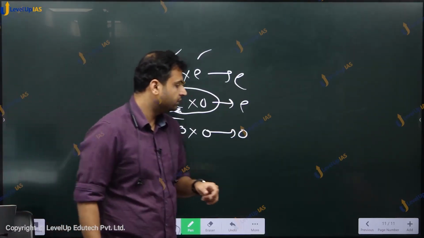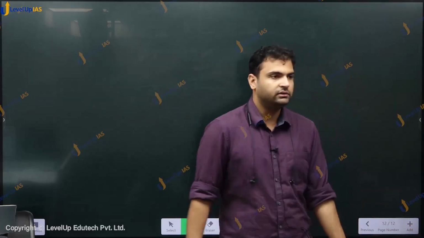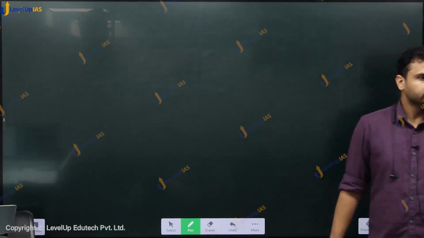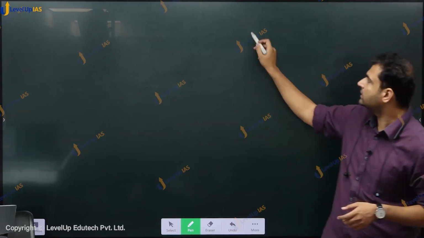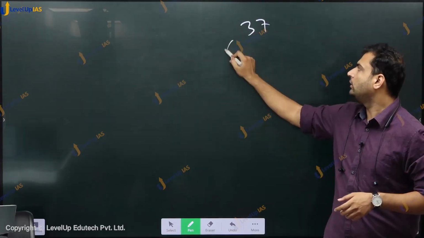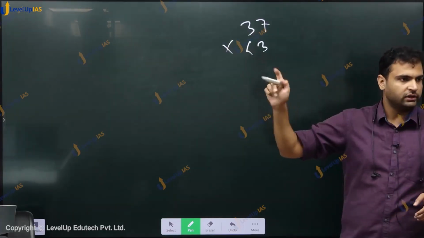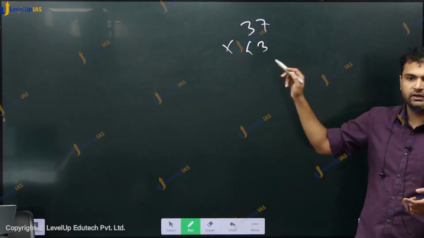Then multiplication. Do you remember how we do multiplication? Did you remember the rules of multiplication? If you want to multiply, let us say 37 into 43, can we do it? How do we do it?